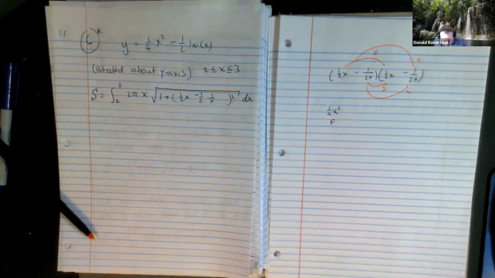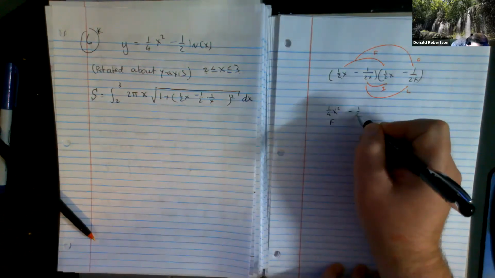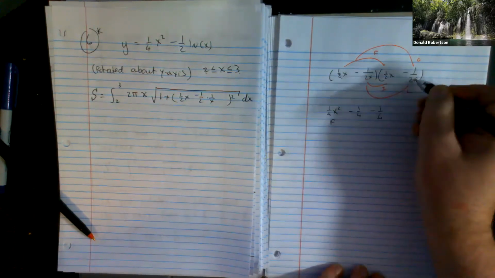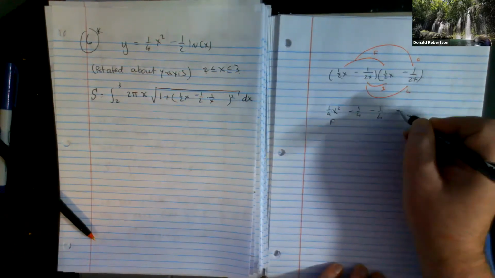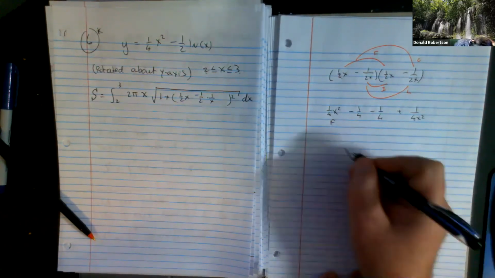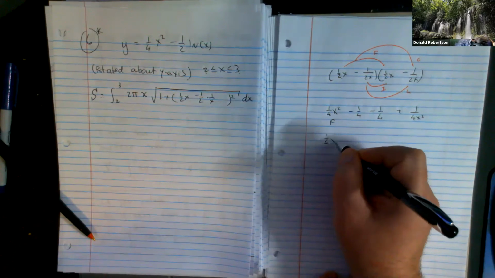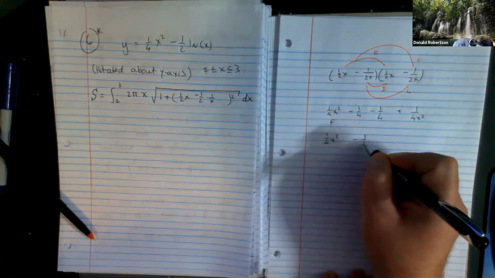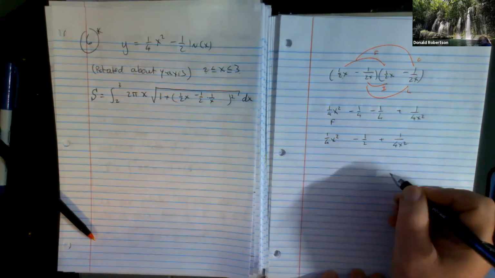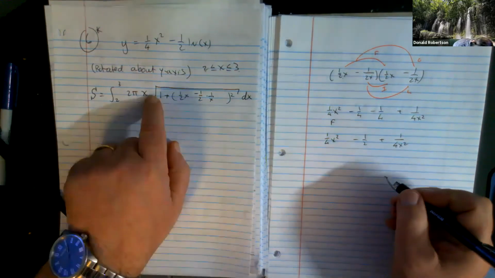Do you know that the x's cancel and you get -1/4? The inside one, you get -1/4, and this guy times this guy is positive 1 over 4x squared. And that's 1/4 x squared, take away 1/2, plus 1 over 4x squared. And then I'm going to add 1.